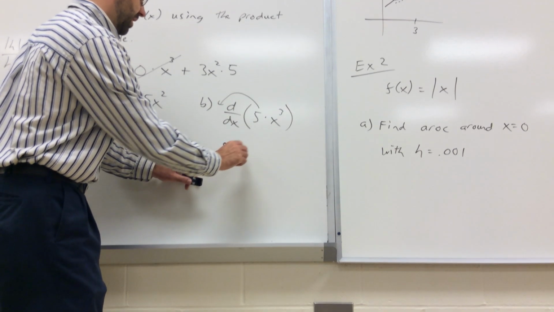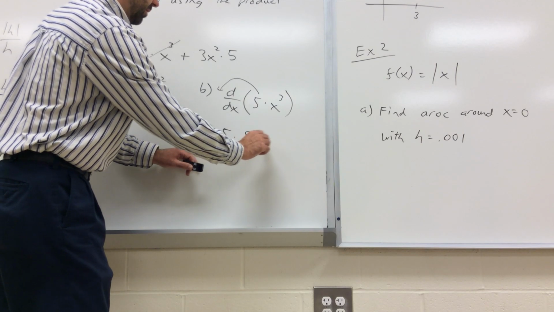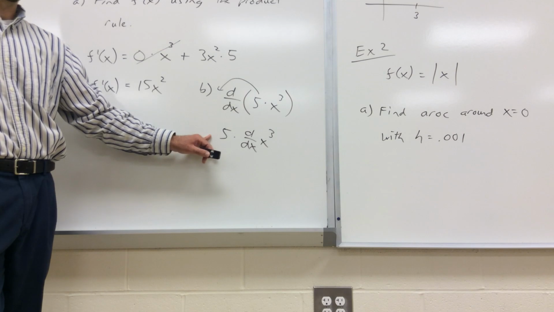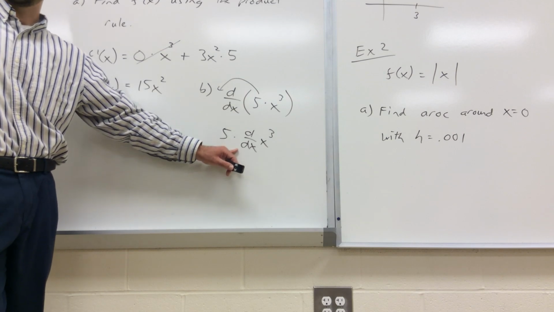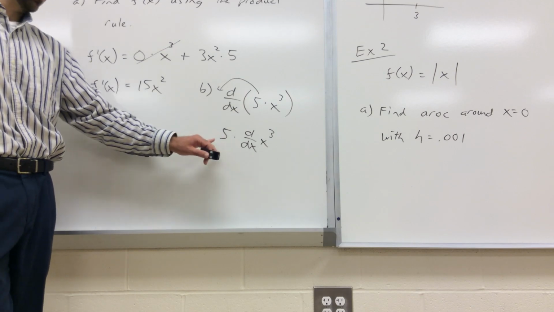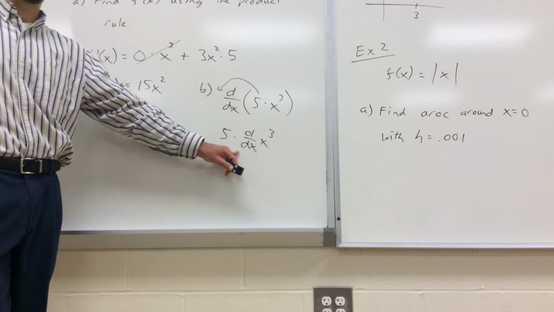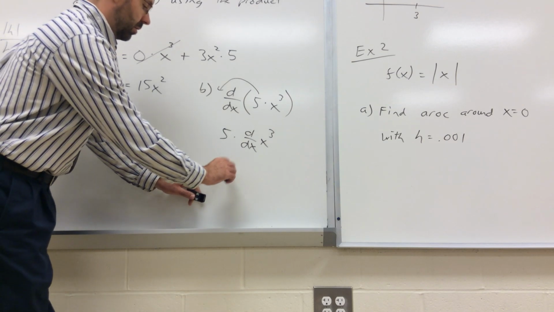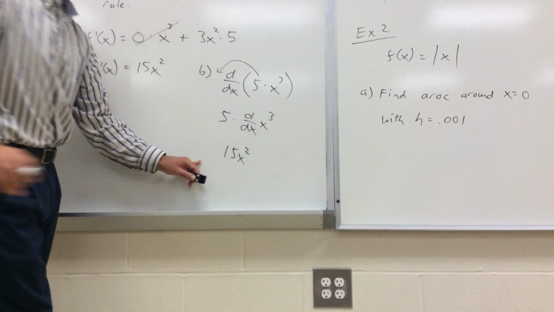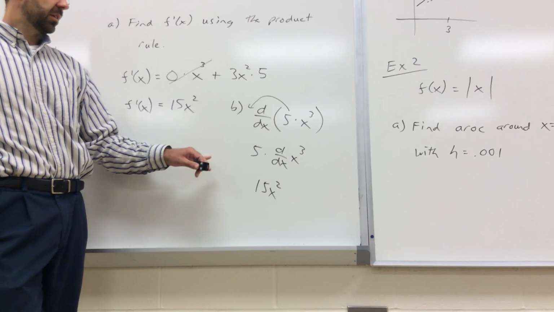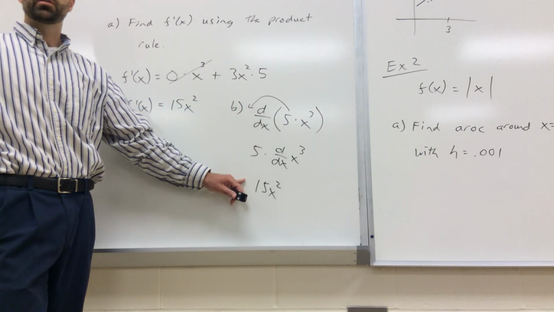So that's 5 times the derivative of x cubed. And then, of course, the derivative of x cubed is 3x squared. And then if you take 5 times that 3x squared, you're going to get 15x squared. So, of course, you get the same answer. They're both right. It's just that this one is quicker.